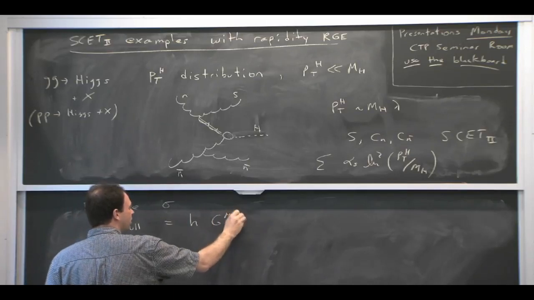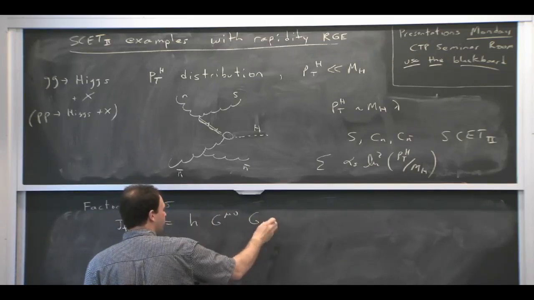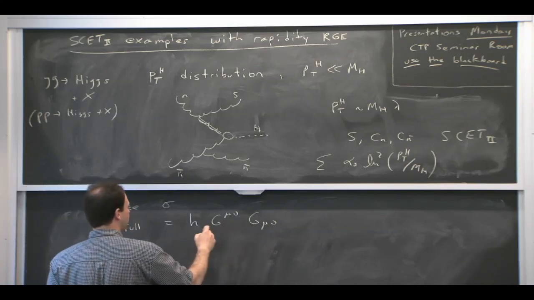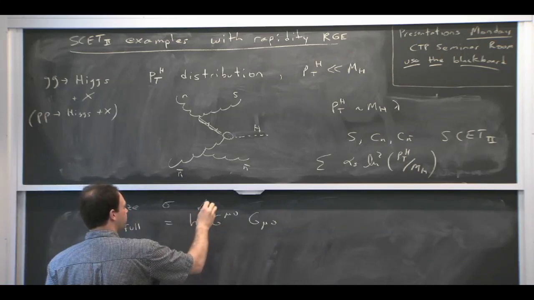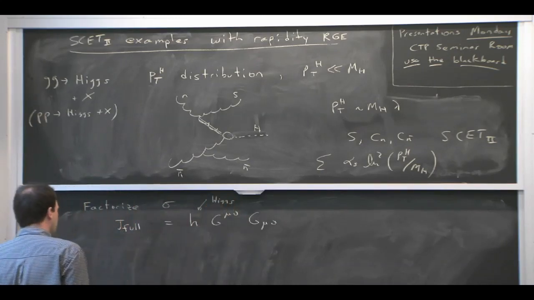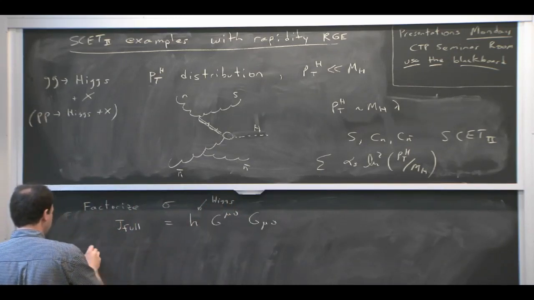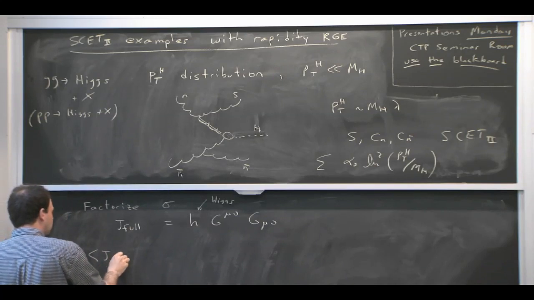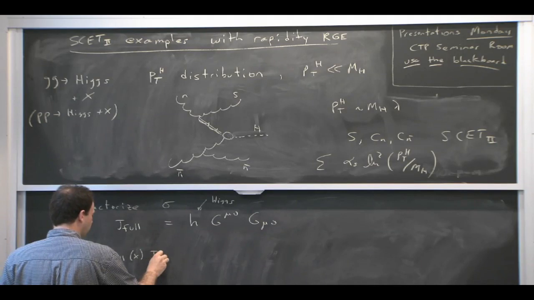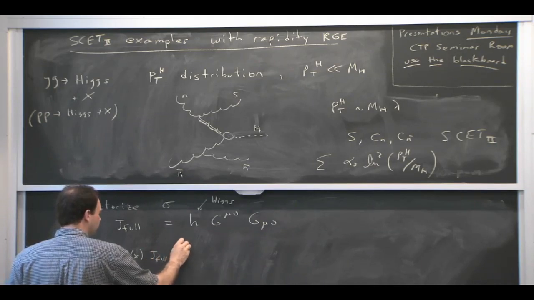So you could think of starting with some operator where you've already integrated out the top. So you have a coupling of a Higgs to two gluons, and that happens in this gauge invariant operator with the field strengths. And then you would do the factorization procedure after you shift momenta and sum over states.